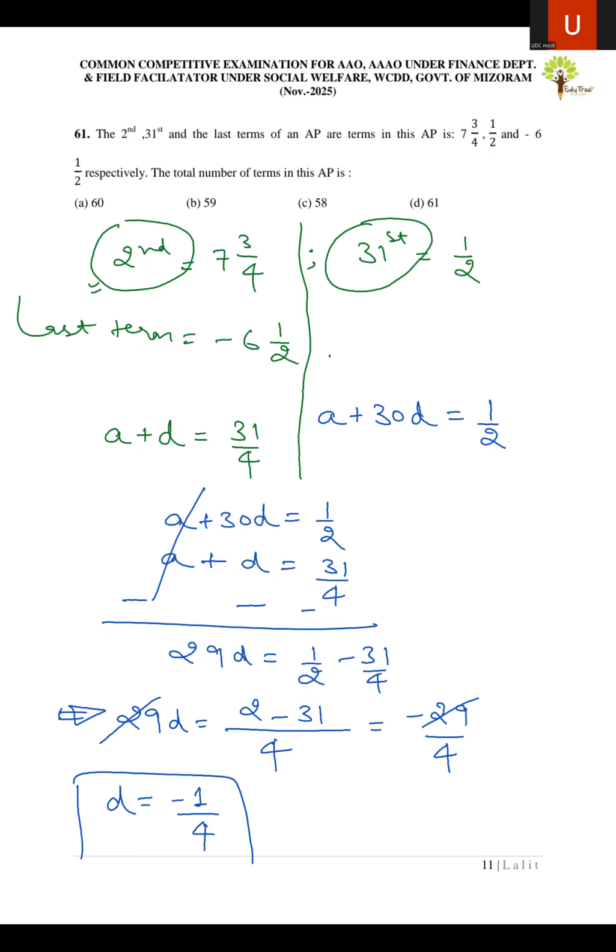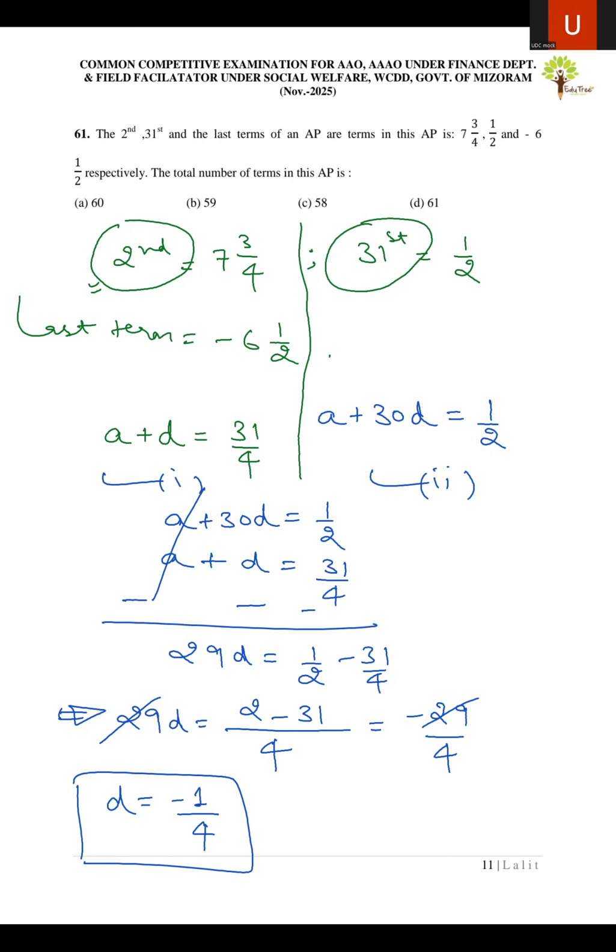Now we got the value of d, and last term is also given to us. Then we have to find the total number of terms. Now what you can do, you can just simply put d in any of these equations, equation 1 or equation 2, and then you can find the value of a.